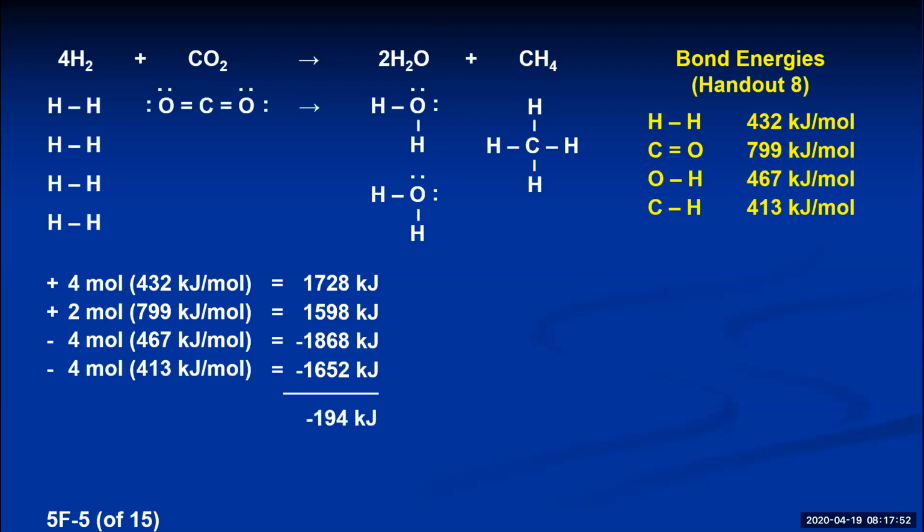This comes out to -194. The significance of this is the fact that it's a negative number. That means that this reaction's overall process is exothermic. So we would predict energy would be released when this particular chemical reaction occurs, and it would be 194 kilojoules released when 4 moles of hydrogen react with 1 mole of carbon dioxide.